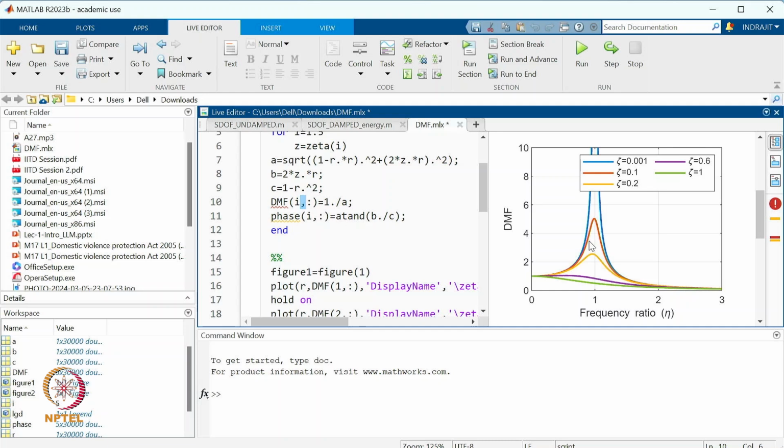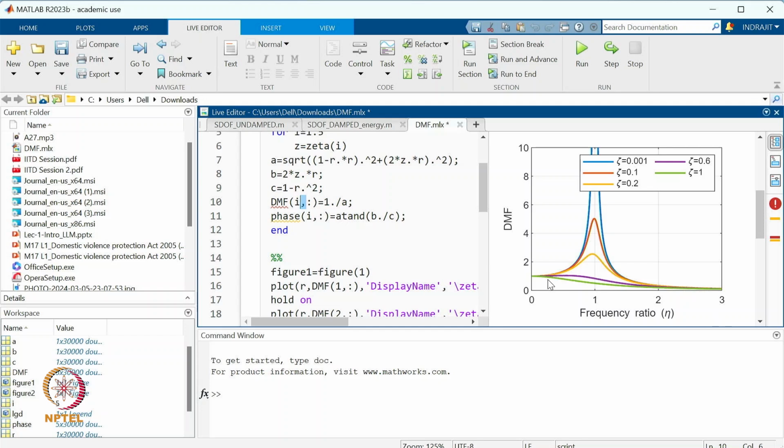Now if you see, once we increase the damping slowly, that peak starts diminishing, but you are still getting the highest value at the resonating point. That is true. So that way this is getting down, and you can see that the trend of the graph changes a little bit once it is 1.